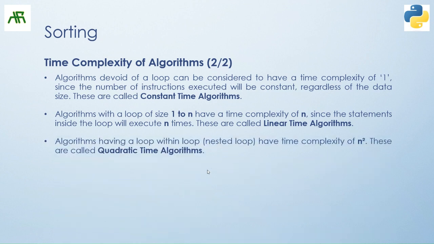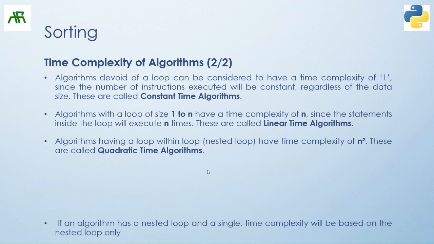And algorithms having a loop within a loop, otherwise called a nested loop, have a time complexity of n square, meaning if you have n as the loop and you have n within, it will be running n square times. So these are called quadratic time algorithms.